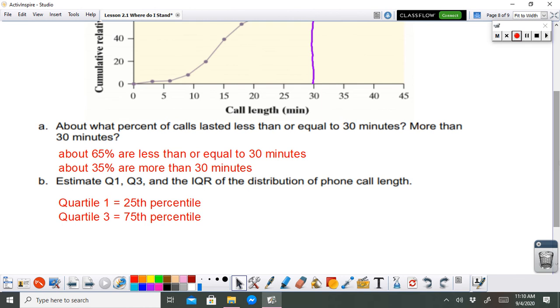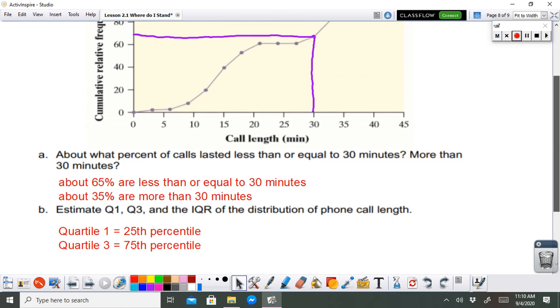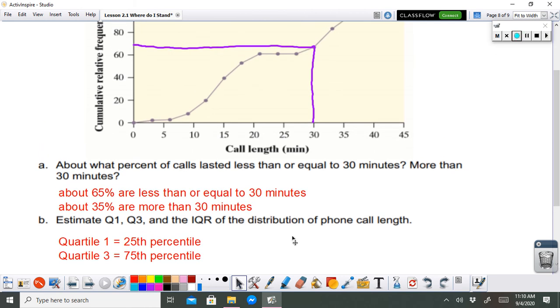And estimate the Q1, the Q3, and the IQR of the distribution of phone call length. Let's start with Q1. In order for us to get the IQR, don't we need our Q1 and Q3 first? Okay? And again, in the previous lesson, the first quartile or the Q1 is 25% of the distribution.